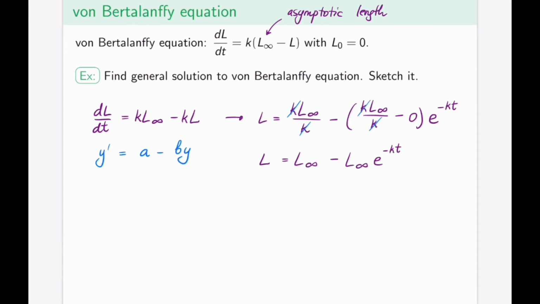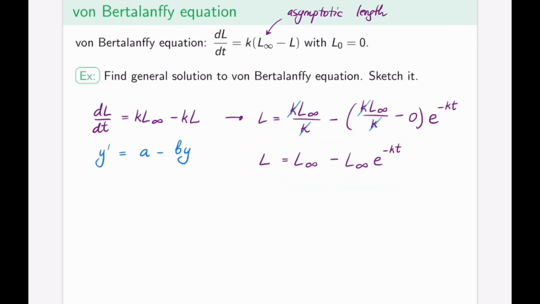As already pointed out previously, A over B is an interesting quantity when it comes to these models because it describes the horizontal asymptote. And here I can see that A over B, in fact, turns out to be equal to simply L infinity. So L infinity is my horizontal asymptote for this model.